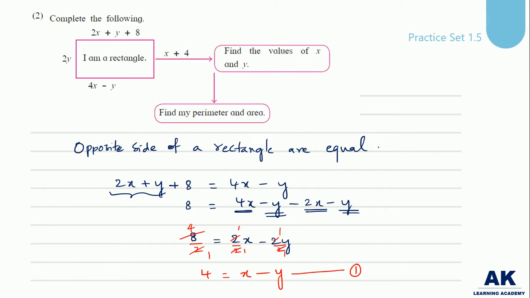Now we know that these two sides are equal, that is 2y and x plus 4 are equal. So I can say that 2y is equal to x plus 4.